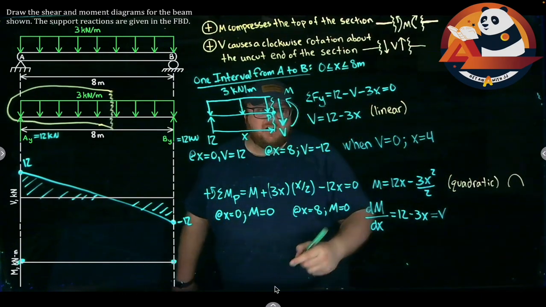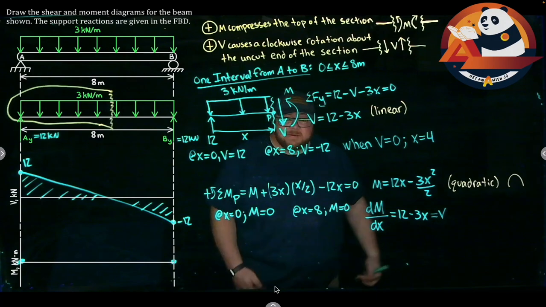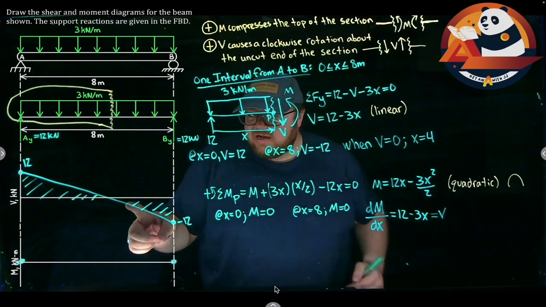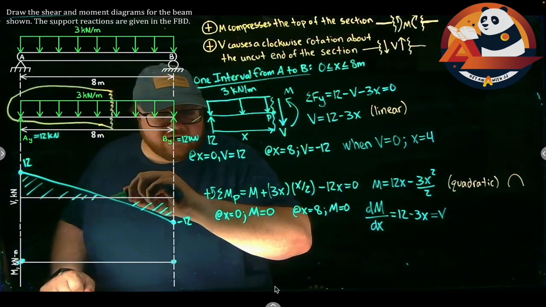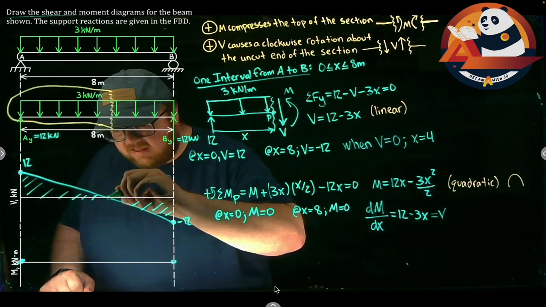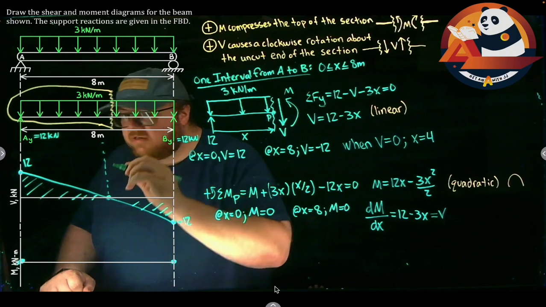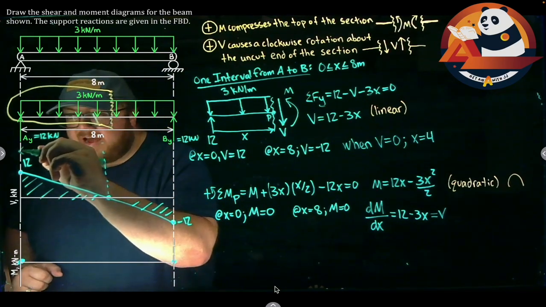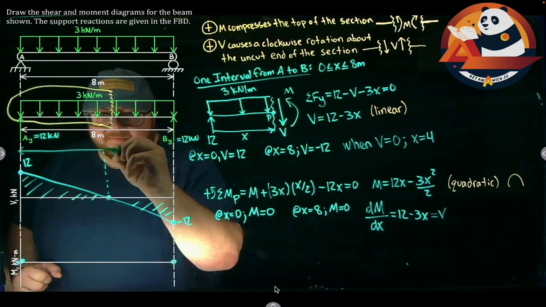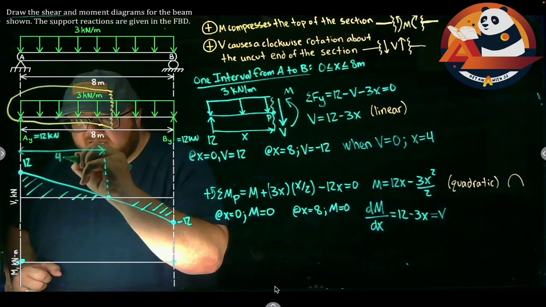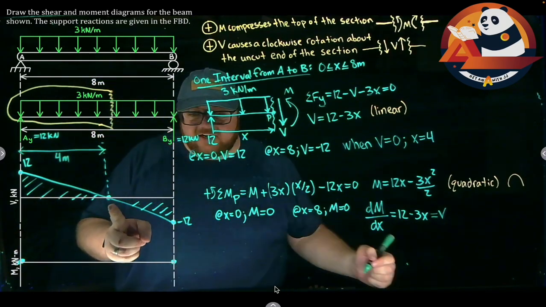When shear is 0, x equals 4. And that's going to become one last critical point for us. Because if this is 0 right here, at this point, and it is 4 meters from the edge. We just found that. 4 meters. That means that's our 0 shear.